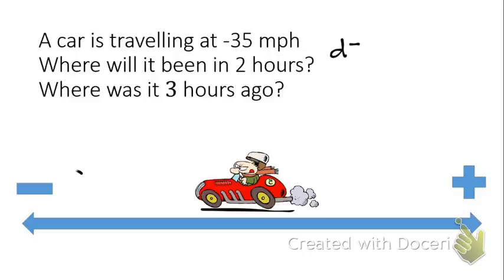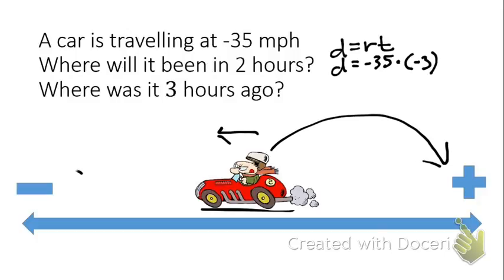One more time. And we've got that our rate is still that negative 35 miles per hour. If we're asking 3 hours ago, then that's a negative 3. So he's heading in the negative direction, but we want to know where he's been, which means it must be over there in the positives.